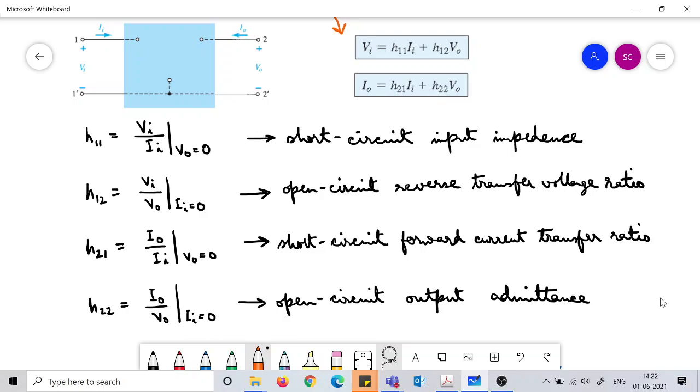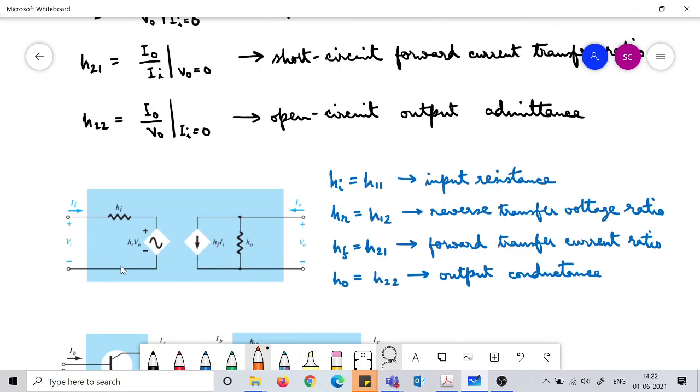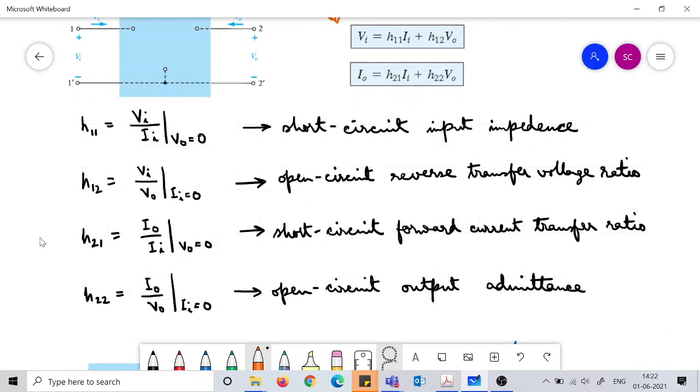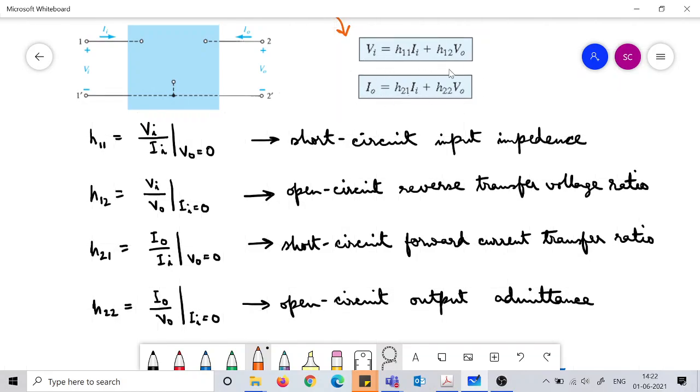Okay, so I hope that things are clear. So what we will now do, this is a general equation, general model, general equation of a two-port system.